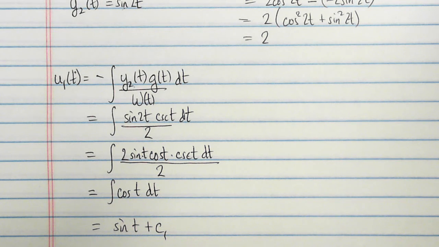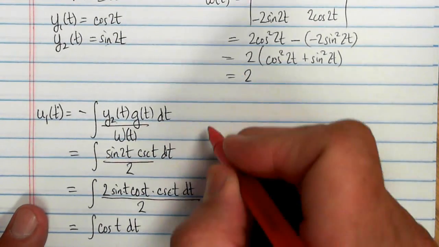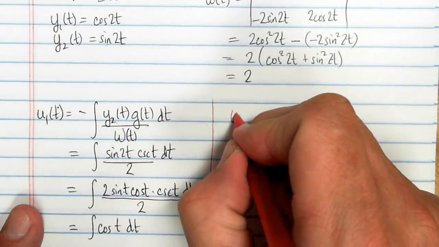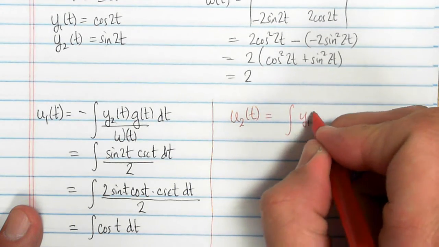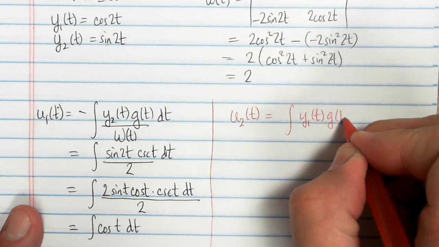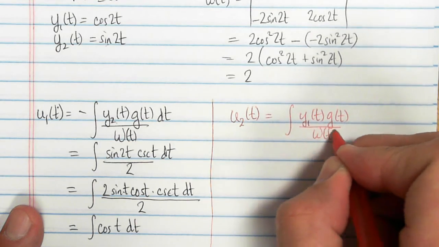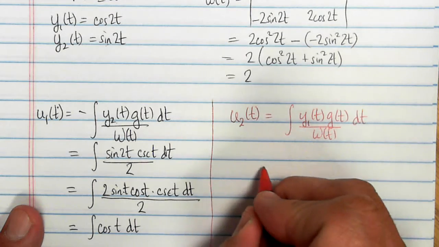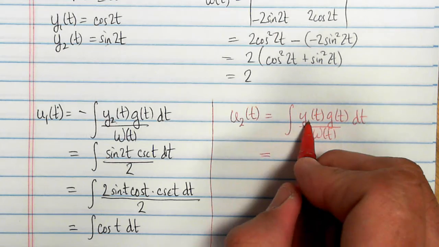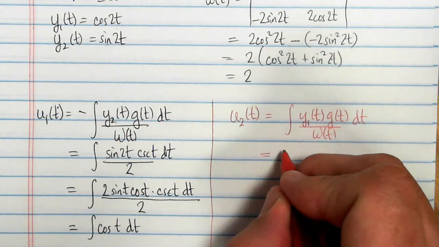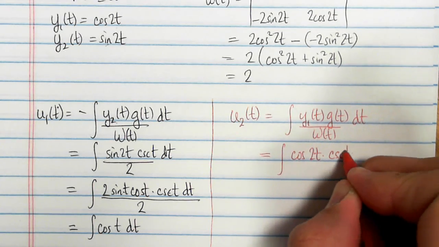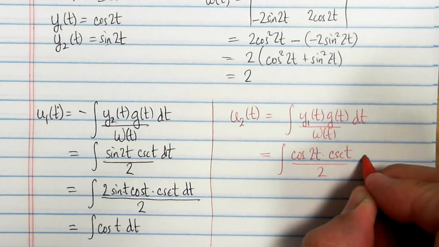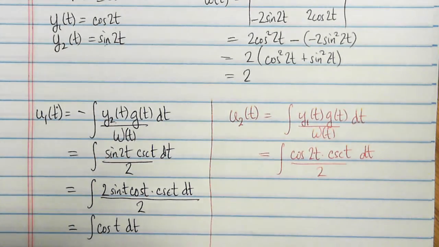Okay, now let's switch over to the second integral that we have to do. So let me do this over here on the right. u2 of t is going to be equal to integral of y1 of t times g of t divided by the Wronskian of t dt. y1 was cosine 2t, so integral of cosine of 2t times cosecant of t, all divided by 2 dt.